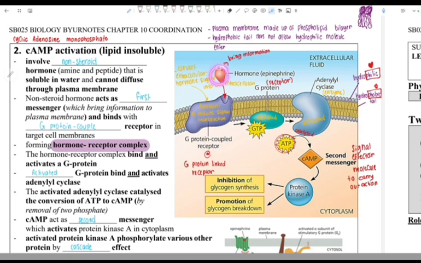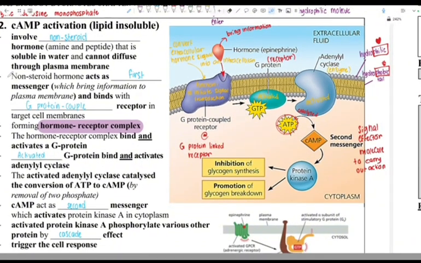Bila kita punya hormon sudah bind dekat G protein couple receptor ni, dia akan menghasilkan hormone receptor complex. Sama kan konsepnya macam enzim substrate complex. Sama aja. So, bila terhasilnya hormone receptor complex tu dia akan bind kepada kita punya G protein. Bila sudah bind, G protein kita ni akan teractivated.